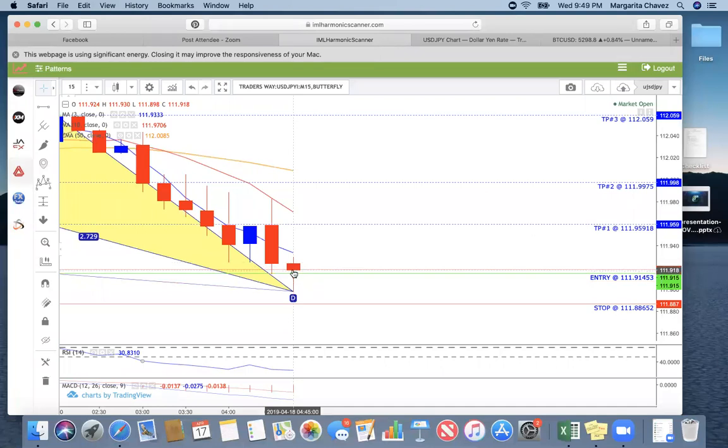I was in shock one day because it was red and I got in, and it changed colors. So when you see these dojis, you have to be careful because it will change colors on you. This blue candle is letting you know that it is going to turn blue. It just turned into a doji, so it's definitely going to switch into a buy. But I wouldn't get in because, again, it's consolidating.